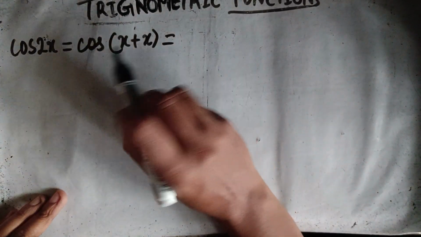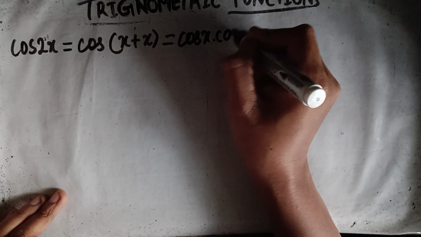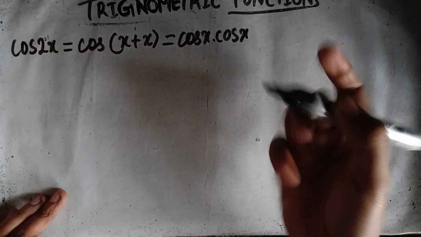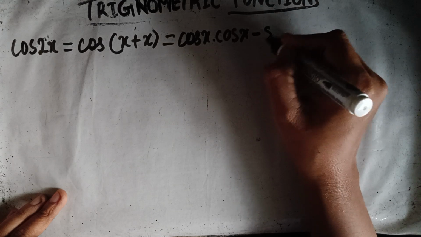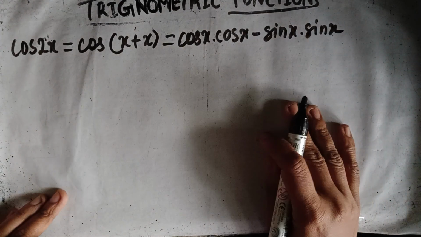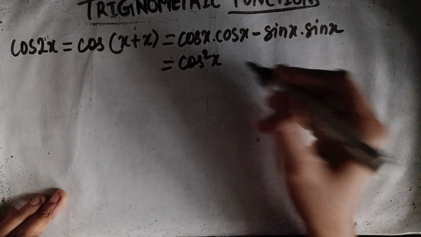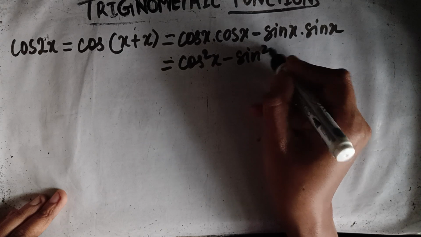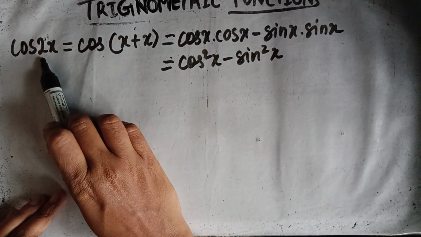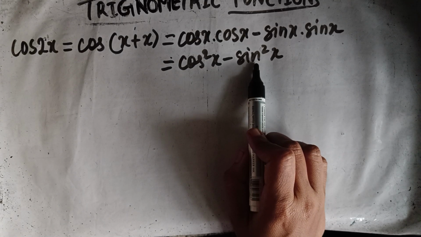So using the identity cos(A+B), you will get cos x cos x minus sin x sin x. So this will be cos²x − sin²x. This is our first identity: cos 2x = cos²x − sin²x.